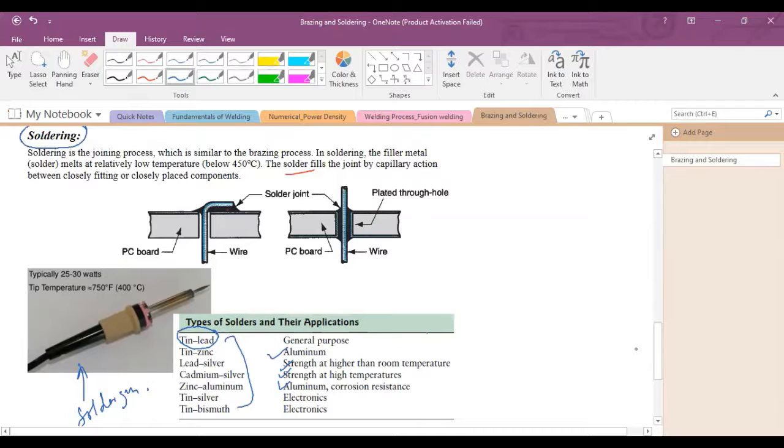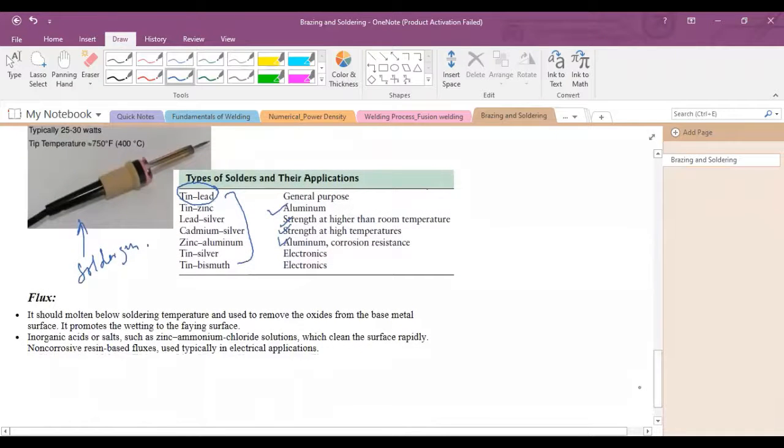Capacitors are soldered with the help of the soldering process onto the motherboard. This is the PCB board. This is the wire, and you can form a joint with the help of solder. This wire can be welded with this PCB board with the help of the soldering process.